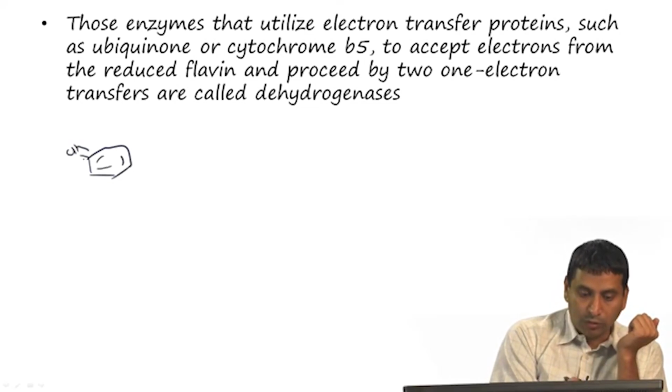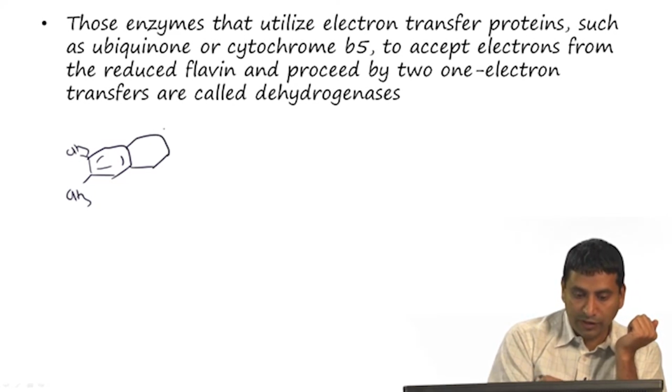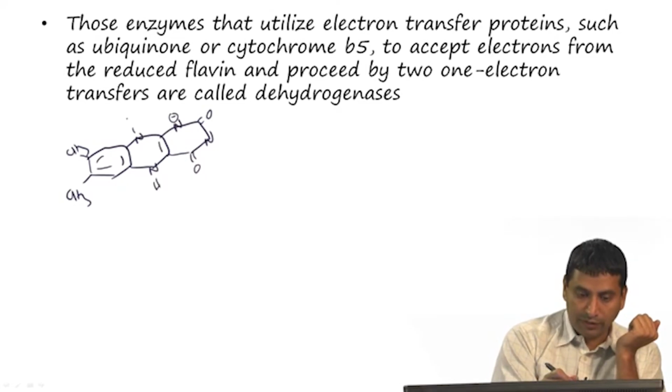And so, here are the 2 methyl groups, and here is the central ring, and here is the third ring of flavine. So, there are 2 nitrogens here, the nitrogen is here, nitrogen here, C double bond O, C double bond O, and you have N minus, NH, and we have R.